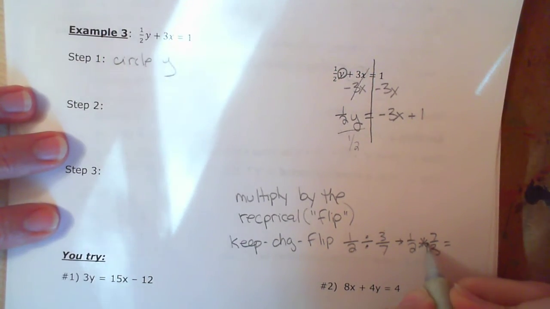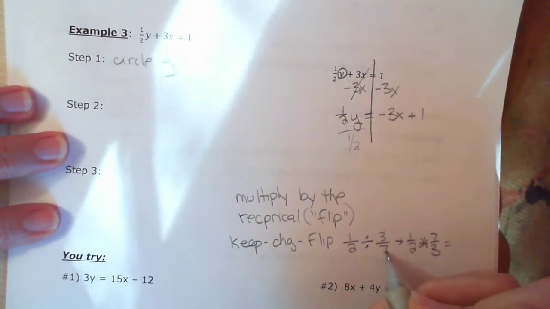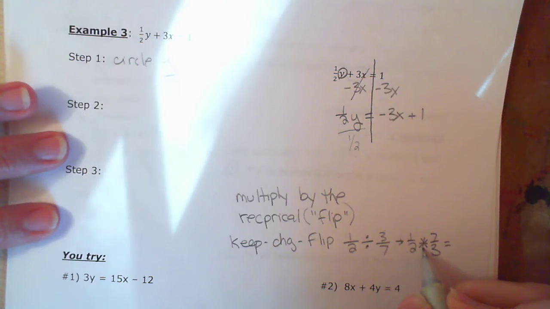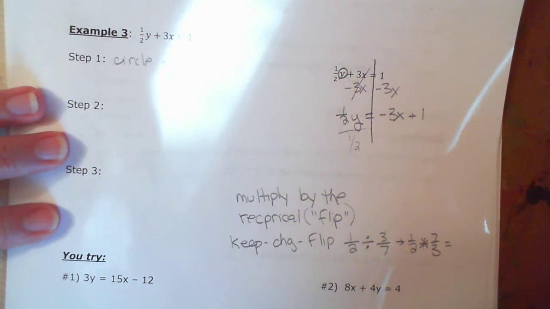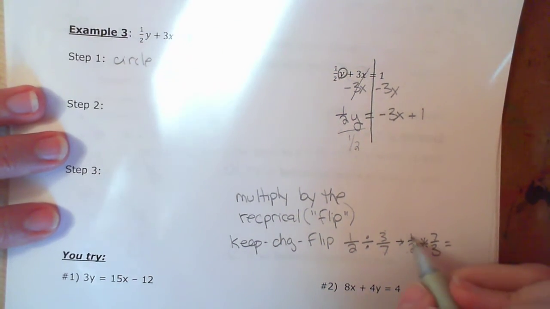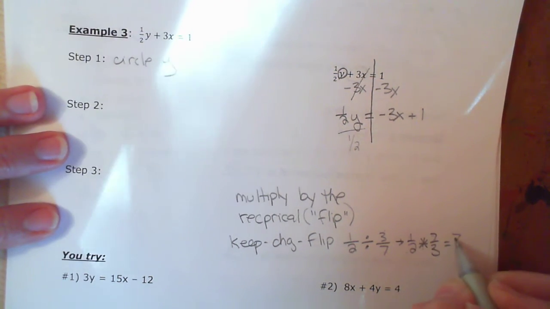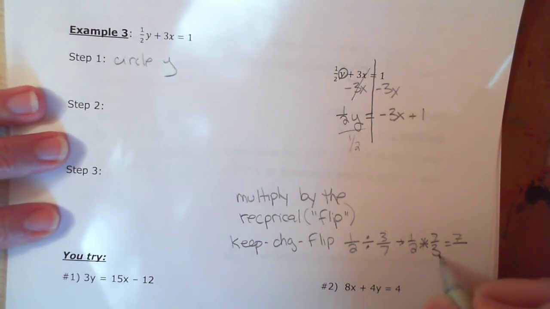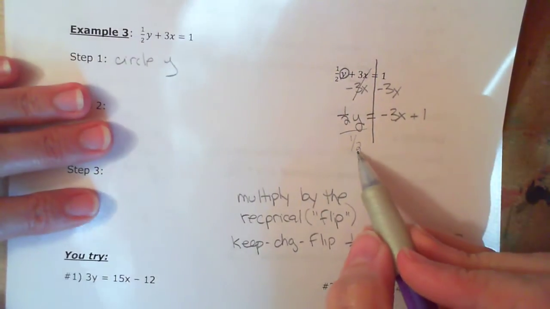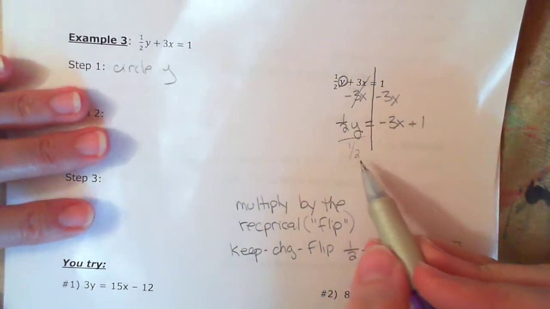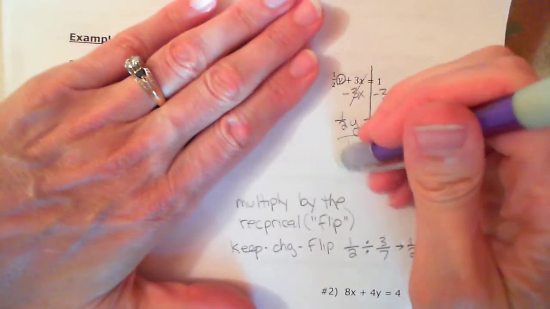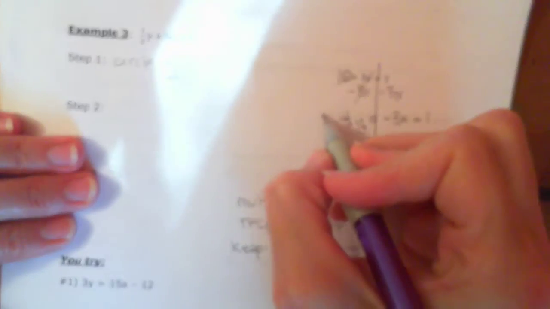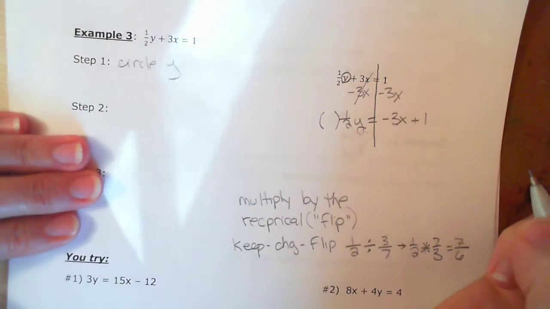So now, keep, change, flip. Keep, change to multiplication, reciprocal of the second fraction. And then to multiply fractions, you multiply your numerators, multiply your tops, and multiply your denominators, multiply your bottoms. So here, instead of dividing by 1/2, what I want to do is multiply by the reciprocal of 1/2.